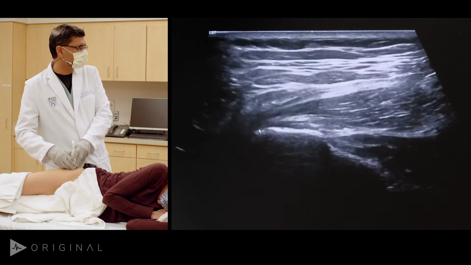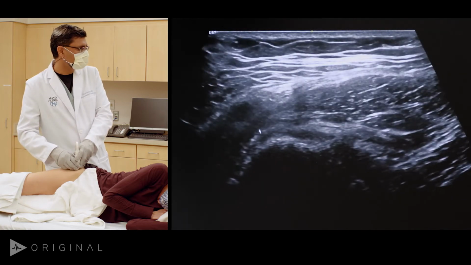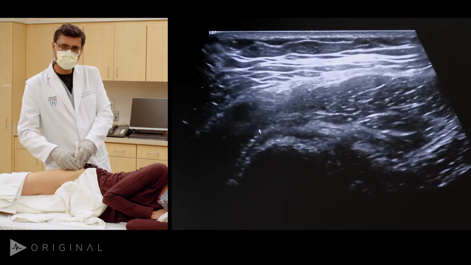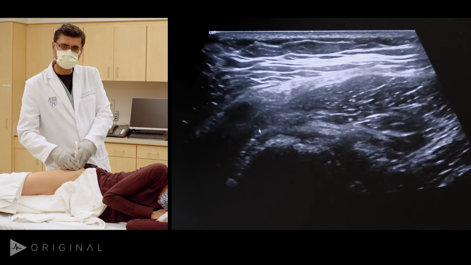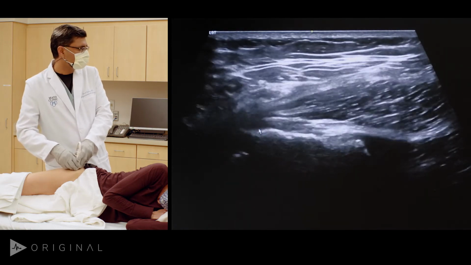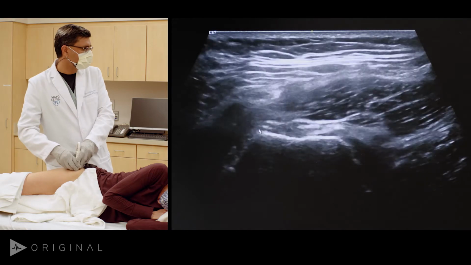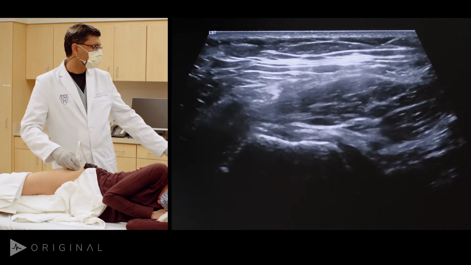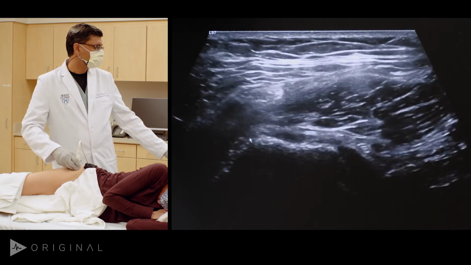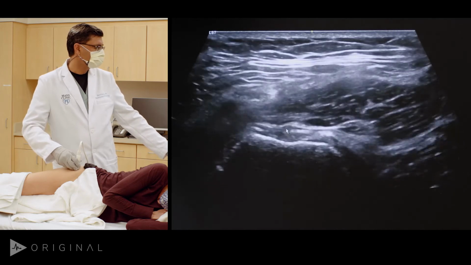And you can see what happens. The moment you start going up, the tendon becomes very dark because of anisotropy. So multiple angulations are required to keep that tendon white, or at least in an appropriate cross-sectional view.